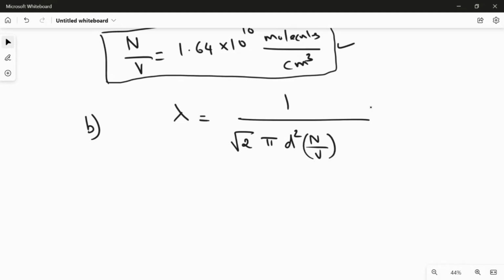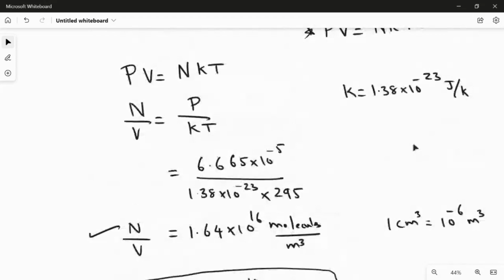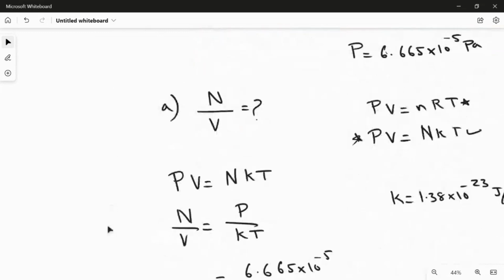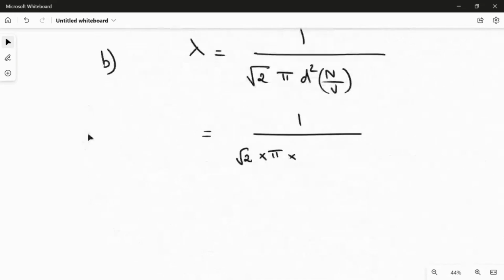So now we have all the data. I'm going to substitute the values: 1 over root 2 multiplied by pi, and the molecular diameter small d, which I converted from centimeter to meter, is 2 multiplied by 10 to the power minus 10 meter. This is squared, so I have to square this value.